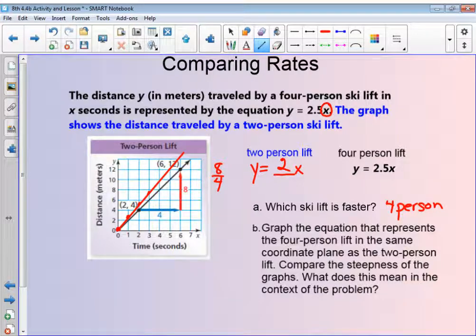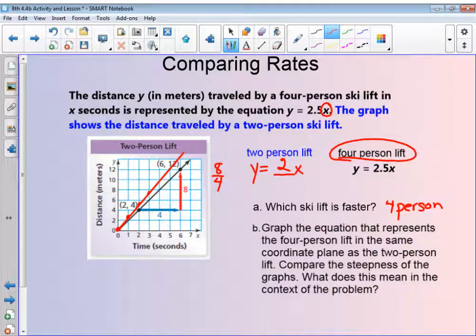So the question is asking, when we compare the steepness, that's our slope. When we compare those, just visually looking at that, what does it mean when you've got something that's steeper? Well, in this case, because we're talking about the movement of this ski lift, that ski lift in the red line is actually faster. Okay, so our red line was our 4-person ski lift. So our 4-person ski lift was actually faster. So it was showing us the speed, or the rate of change.